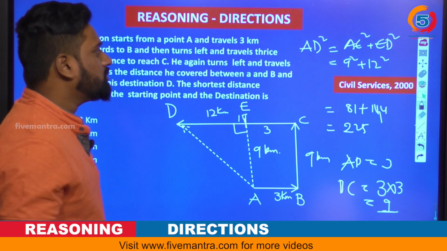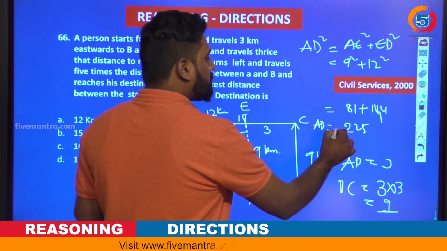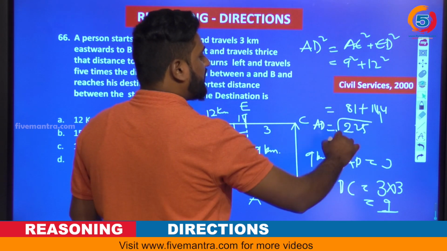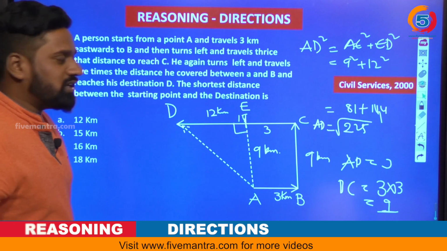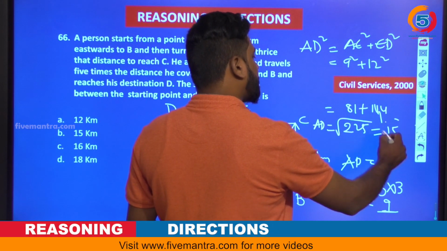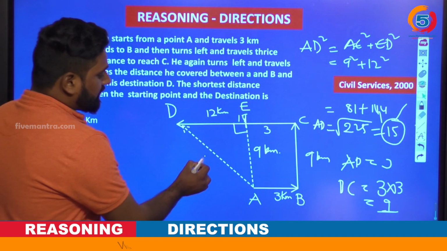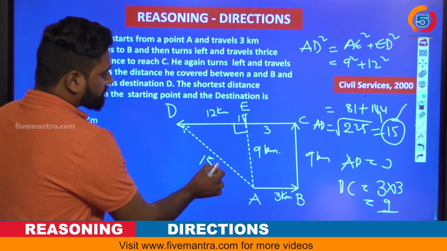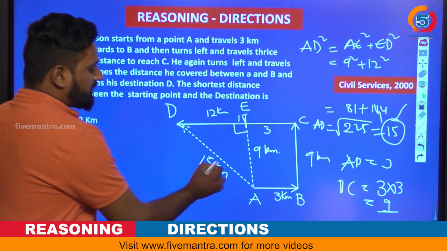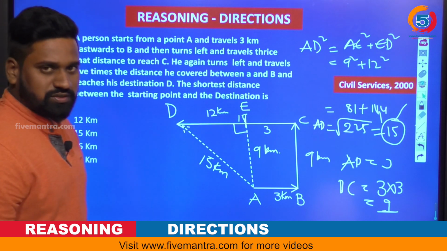So AD square equals 225, then AD equals the square root of 225, which is 15. So 15 becomes the answer. That is AD, 15 kilometers, the shortest distance between the initial and final position.